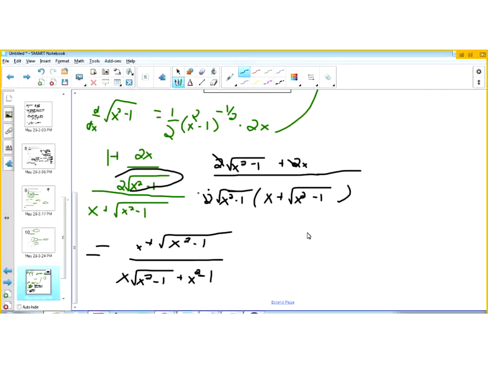Trying to think how we can simplify this. Don't see an easy way. So we divide by x. Oh, okay, I see. Maybe if we did something like this.